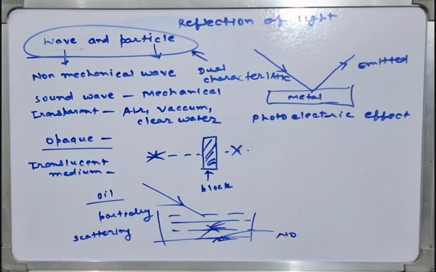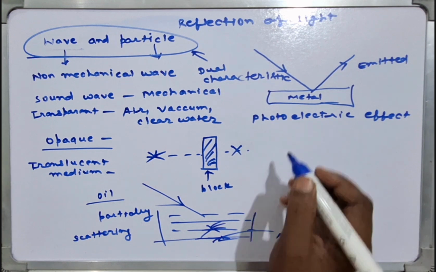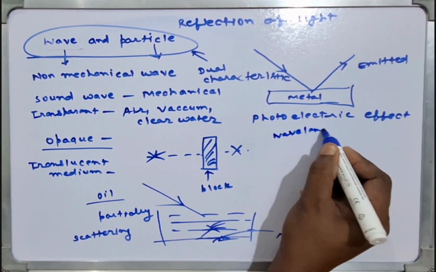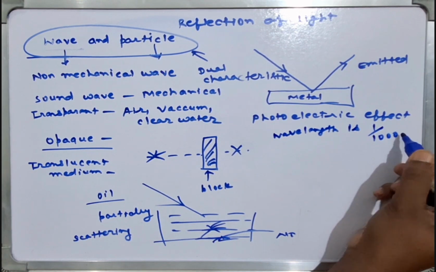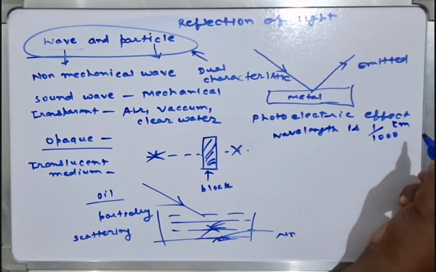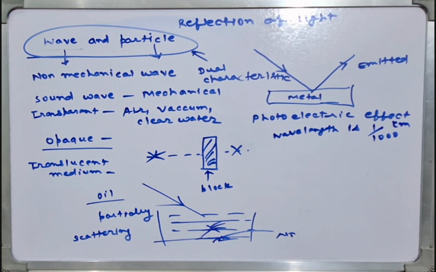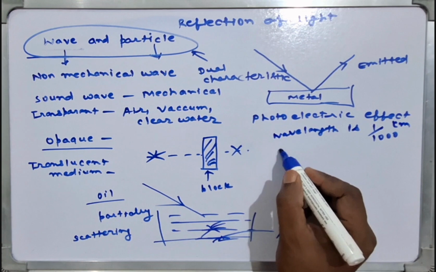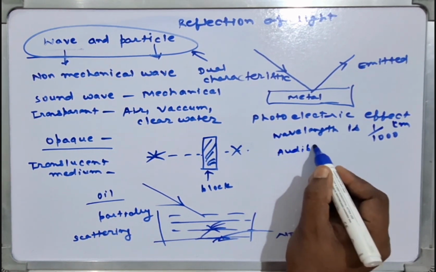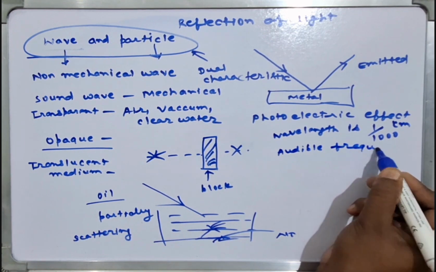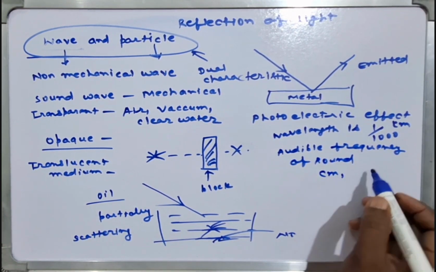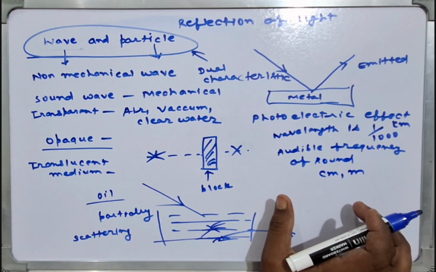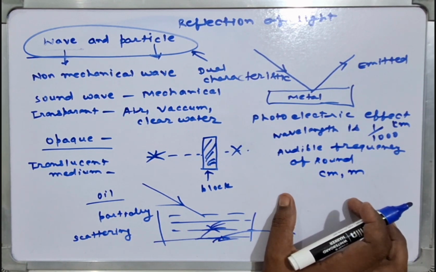Now the velocity of light is very high, and you should remember that its wavelength is about 1/1000 of a centimeter. So the wavelength is very low in comparison to that of audible sound, which could be in centimeters or meters, because the velocity of sound is very less compared to light.